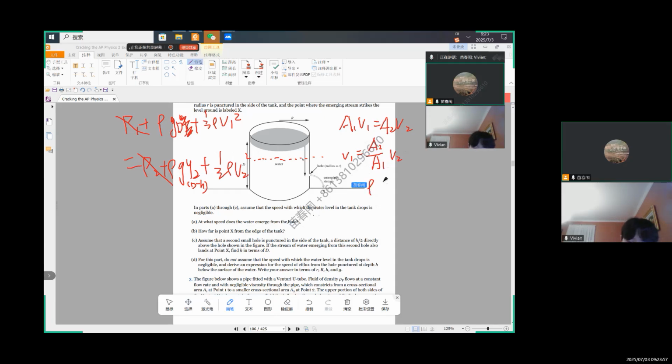Rho GD plus 1 over 2 rho, A2 over A1 V2, squared, equals rho G D minus H plus 1 over 2 rho V2 squared, right?